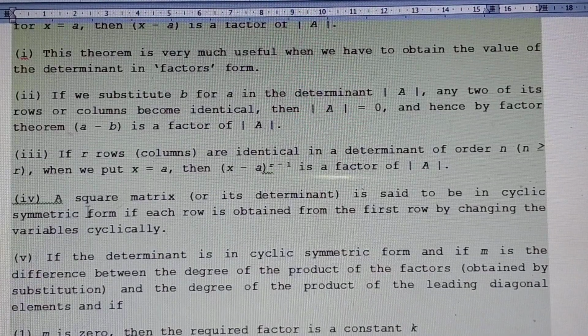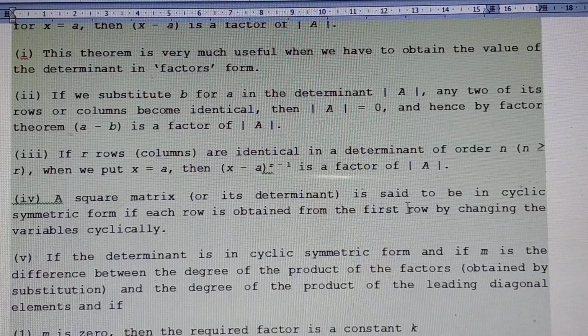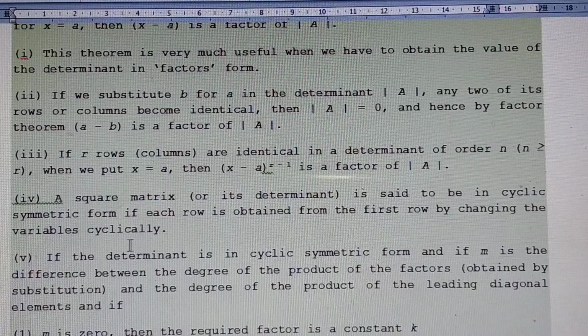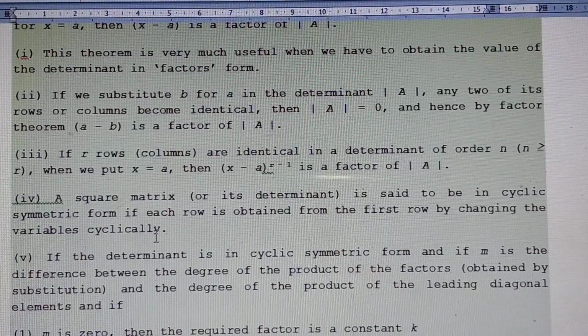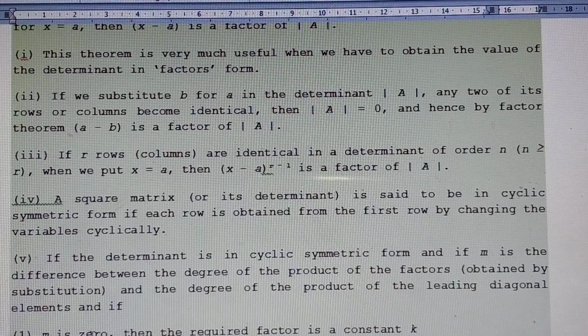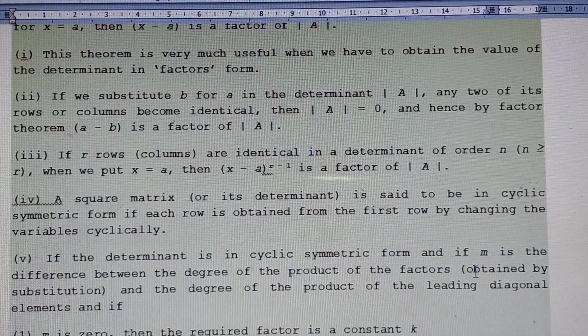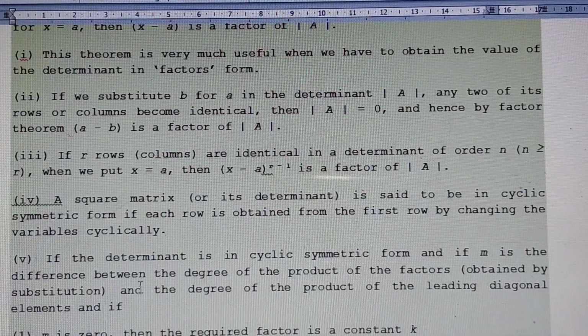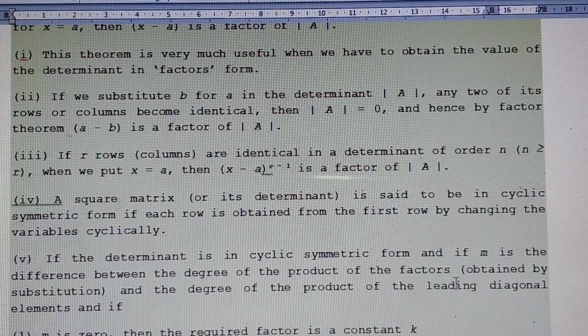Then rule number 4: a square matrix or its determinant is said to be in cyclic symmetric form if each row is obtained from the first row by changing the variable cyclically. Rule number 5: if the determinant is in cyclic symmetric form, m is the difference between the degree of the product of the factors obtained by substitution and the degree of the product of the leading diagonal elements.